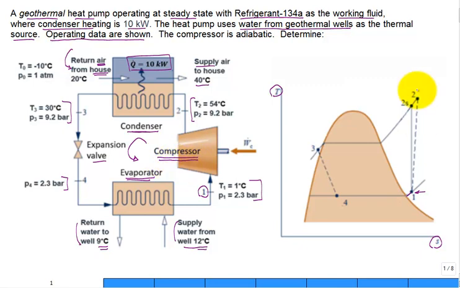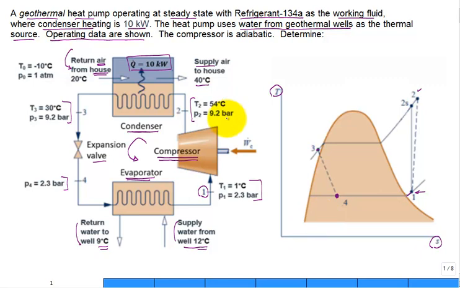That's why we have state 2, 2s. And then state 3 is showing it to be slightly subcooled liquid. And then state 4, it's irreversible expansion through the expansion valve down to some quality at state 4.